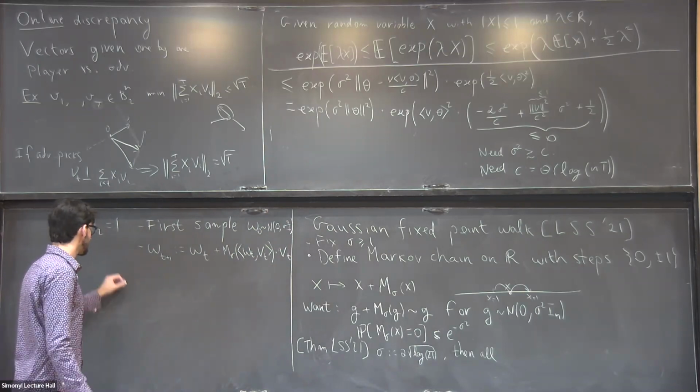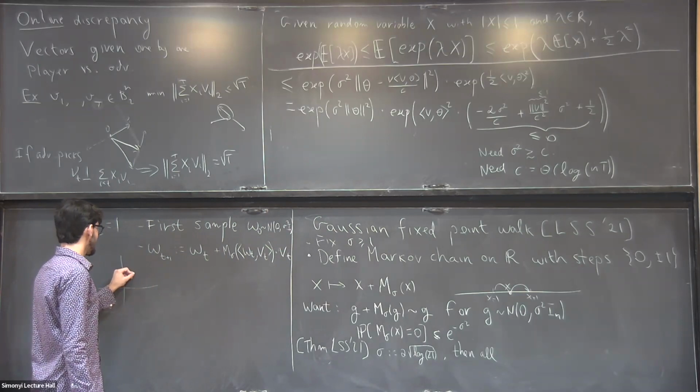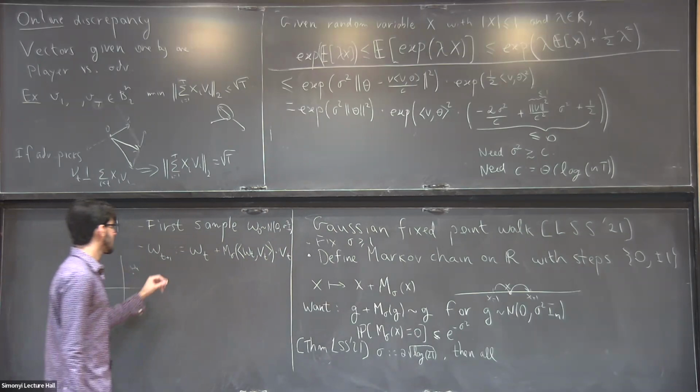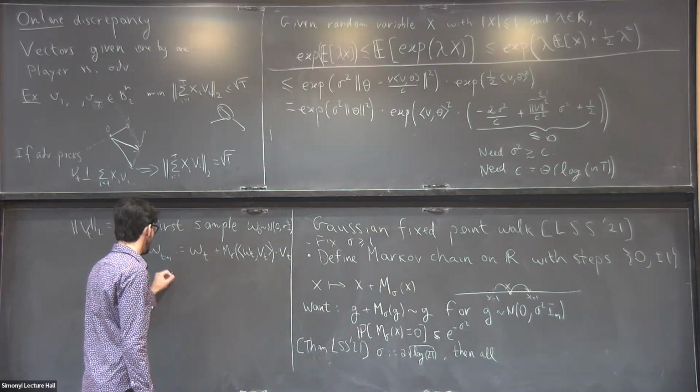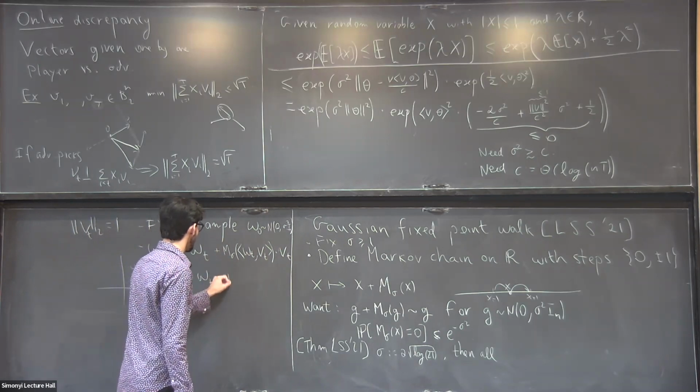You can think about 2D. I have some random variable here that's distributed as a Gaussian. So I want to keep an invariant that these are all Gaussian.